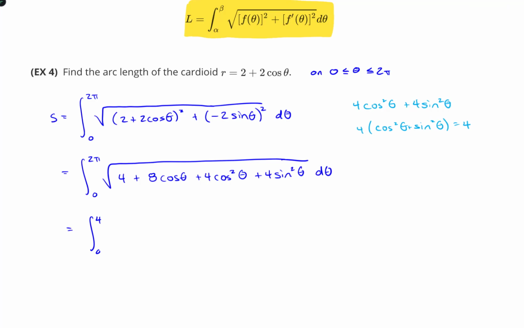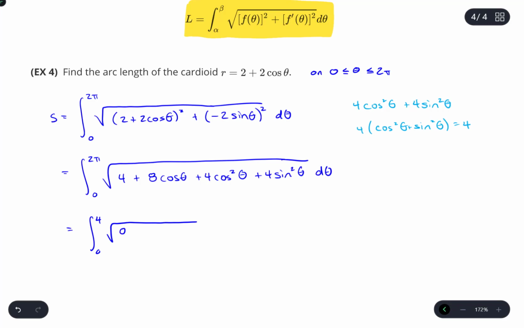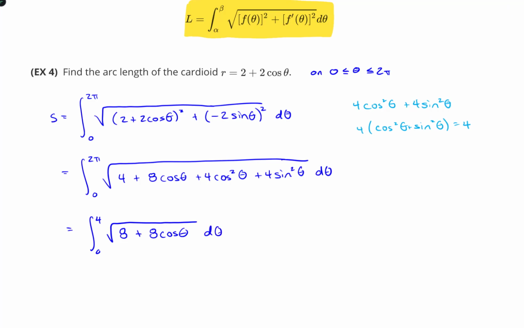And in doing so, I can also take the constant 4 added to the other constant 4, and that would make an 8. So 8 plus 8 cosine theta d theta. Okay, now let's see what we can do here.